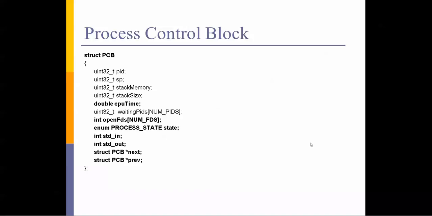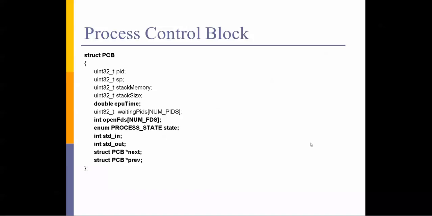The operating system maintains this PCB data structure for each process. Every process has a process ID, a saved stack pointer register value so that it can be restored, stack memory, size of stack memory, CPU time used so far by the process, a list of processes waiting on it, a list of open file descriptors, and the state of the process, which can be ready, running or blocked.